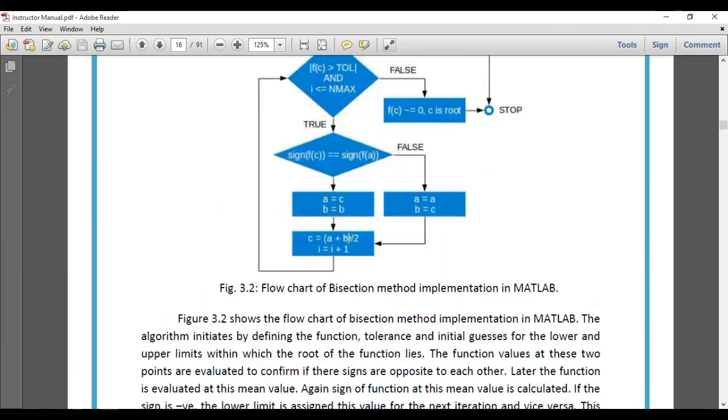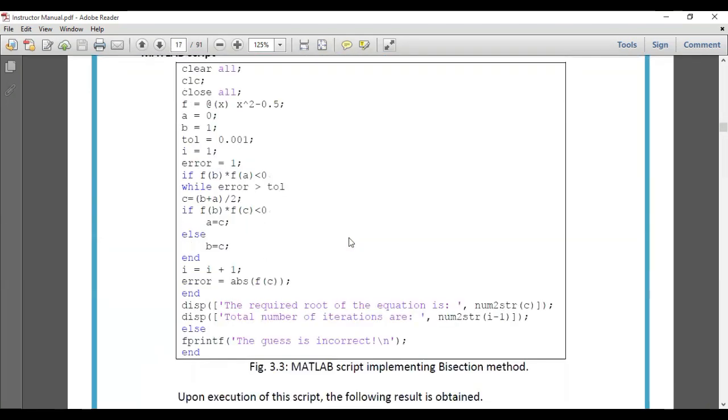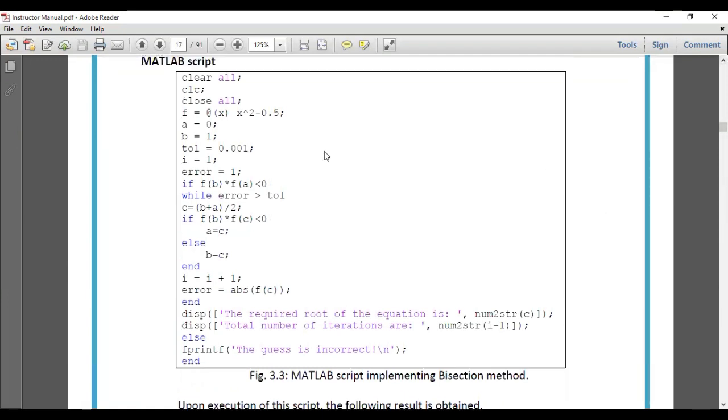This is the flow chart of the bisection method, and this is a very simple and brief MATLAB code which can be used to solve the nonlinear equation. Nonlinear equations are those equations which cannot be solved by conventional analytical methods. An example of such equations is x square times e raised to power x equal to 10. Similarly, x square sine x equal to 5.